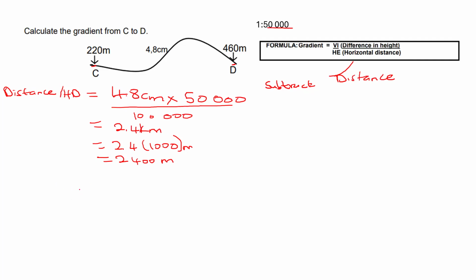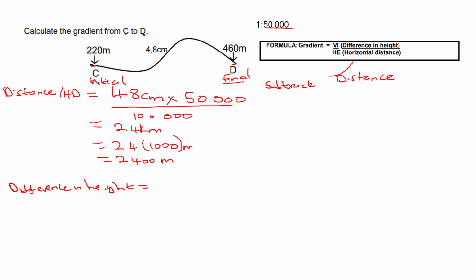Now we've already converted that into meters. Before we can place this on our formula, we need to calculate the difference in height. Remember, they say from C to D. So C is our initial and D is our final.